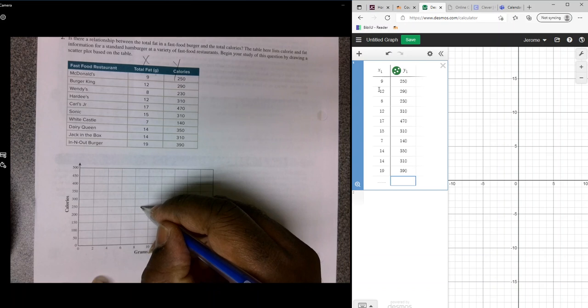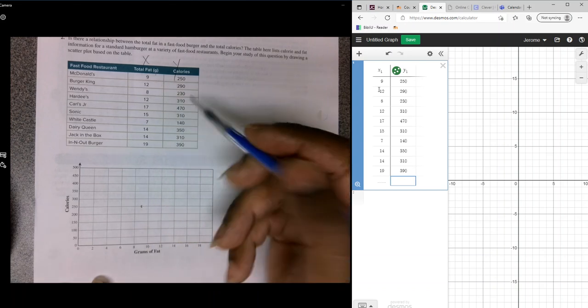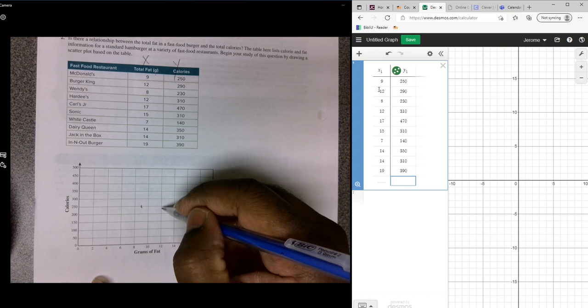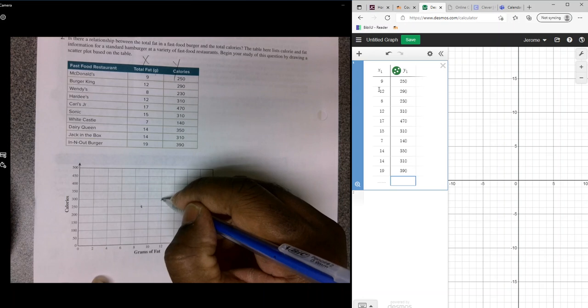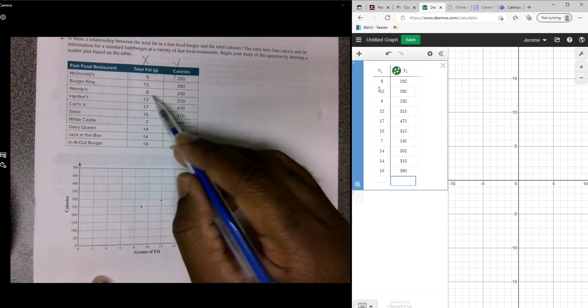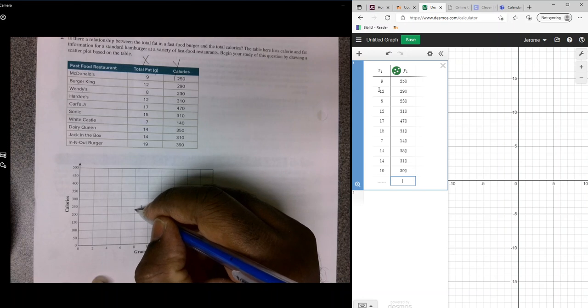And then we would do 12 and 290. 290 would be real close to 300. Then we would have 8 and 230. Should be about here, close to the middle, a little bit above the middle.